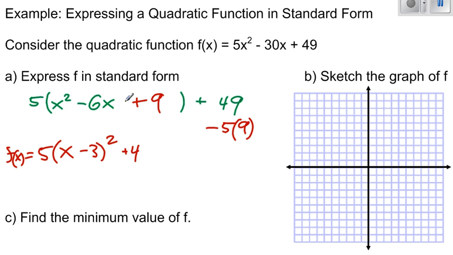So there it is in standard form. So if we are going to sketch the graph, it shifts right 3 and up 4. There's our vertex. Now there's a 5, so it's vertically stretched by a factor of 5. So it's going to be really steep.